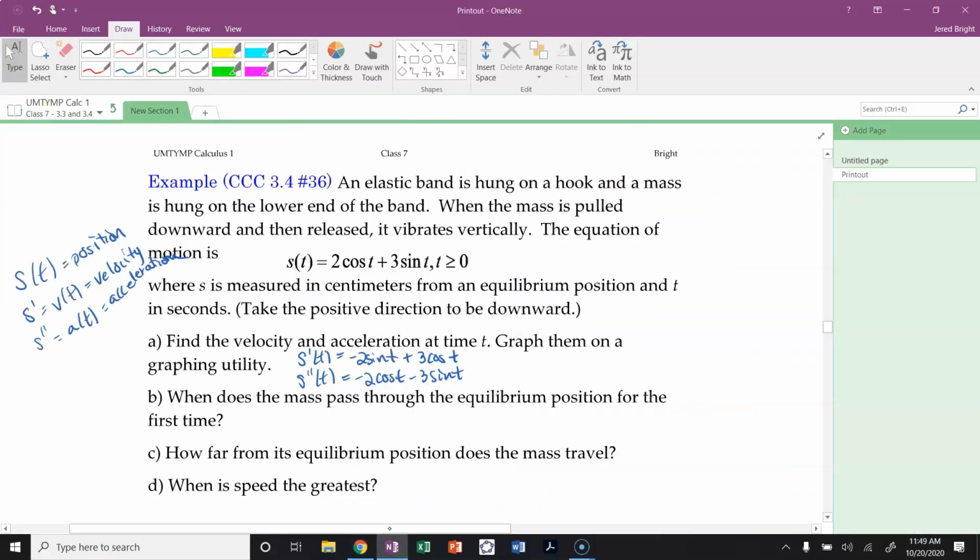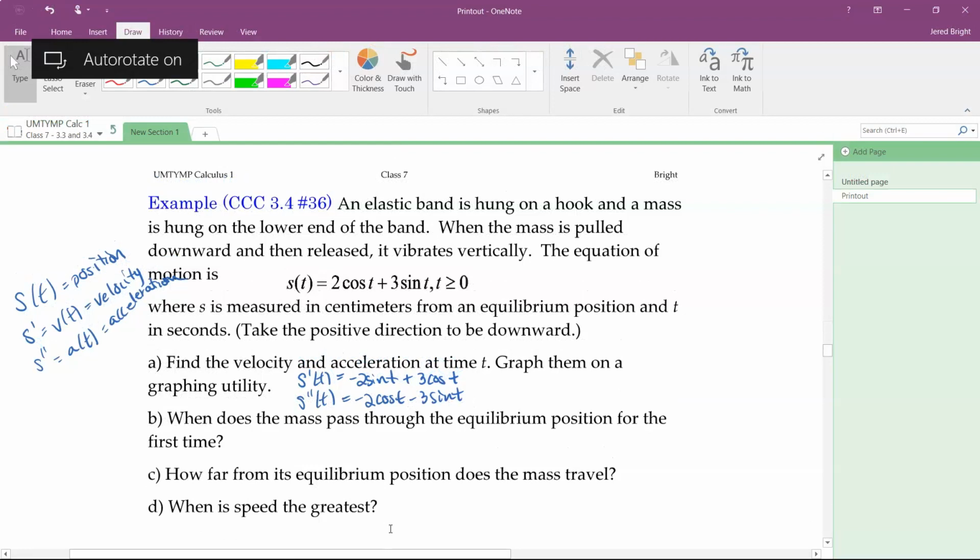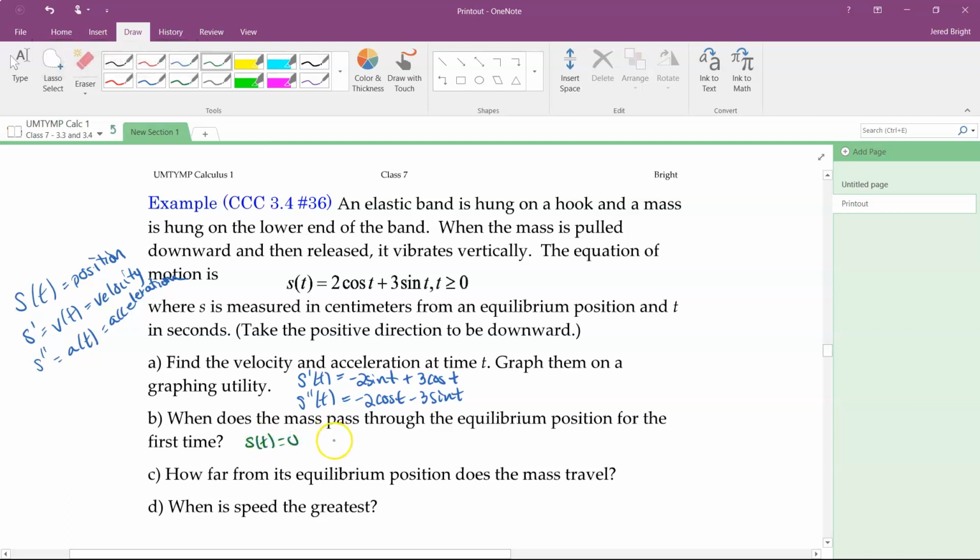Now, graphically we can get estimates of the answer, but it would be nice to get exact answers. For when the mass passes through the equilibrium position for the first time, you would set s of t equal to 0 and solve. So 0 is equal to 2 cosine t plus 3 sine t.